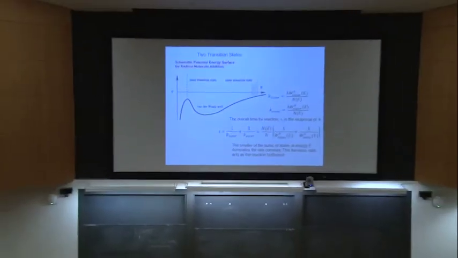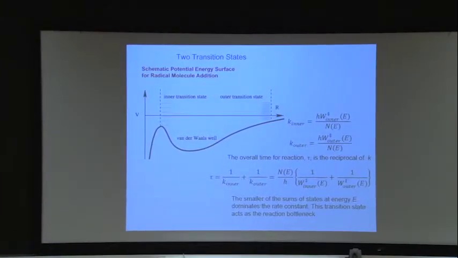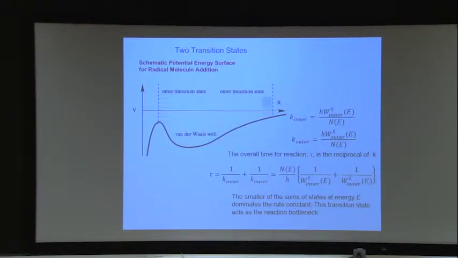And then we go over the barrier and then into reaction. And there are two transition states. The inner transition state, which is the sort of normal rearranging the electrons transition state, and then the outer transition state somewhere over here, which is rather like those CH3 plus CH3 and CH3 plus H transition states, which would have to be determined variationally.